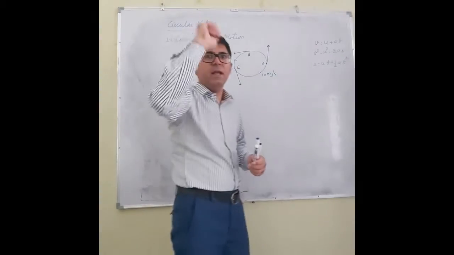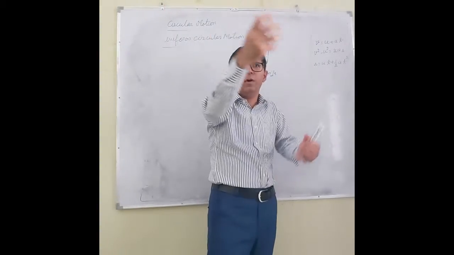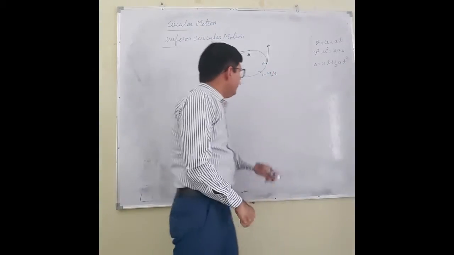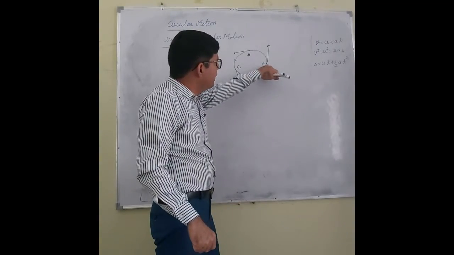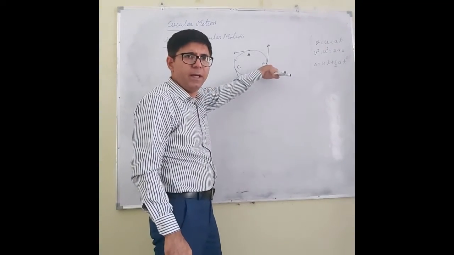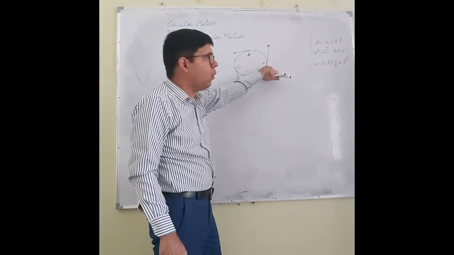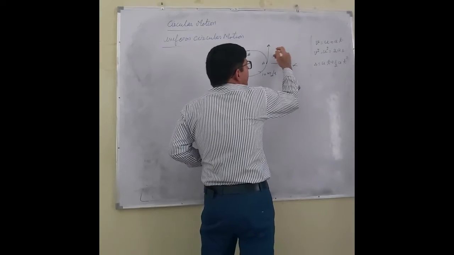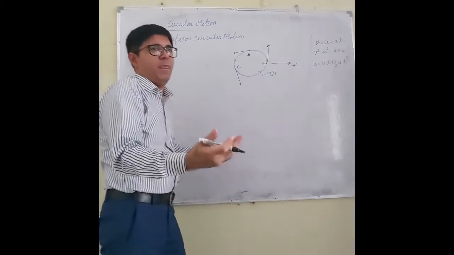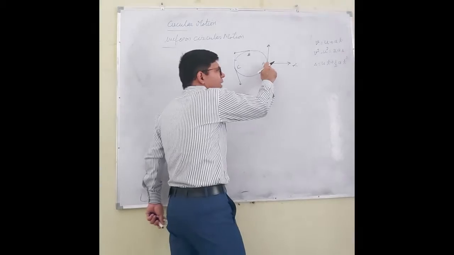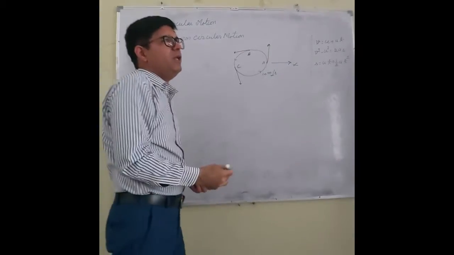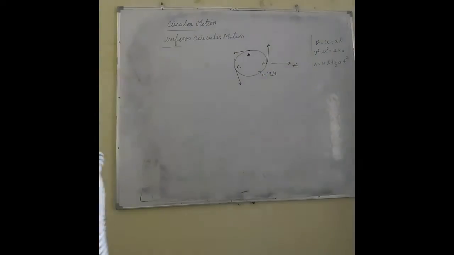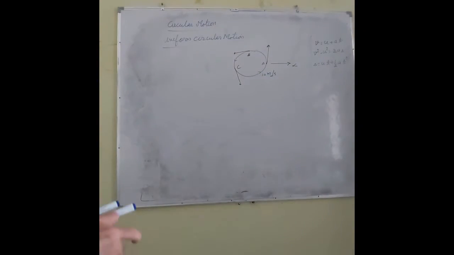Let us say you are whirling a stone. There is a stone, you have tied it with some rope and you started whirling. Let us say if you release the rope or string at point A, where will that stone go? It will not go this side, but it will go along this side. Why? Because at point A, the direction of velocity of the body is along the tangent.